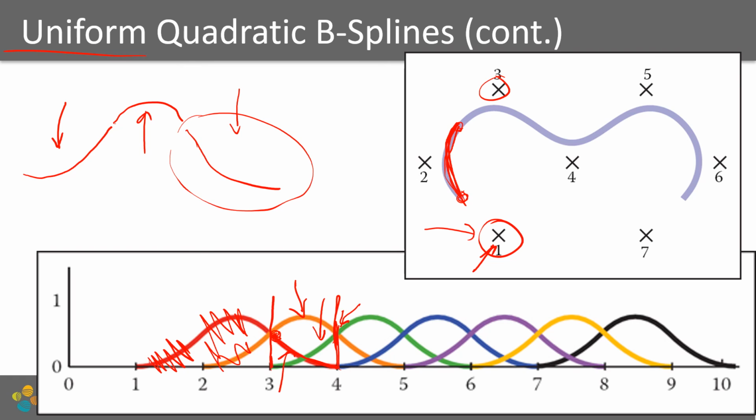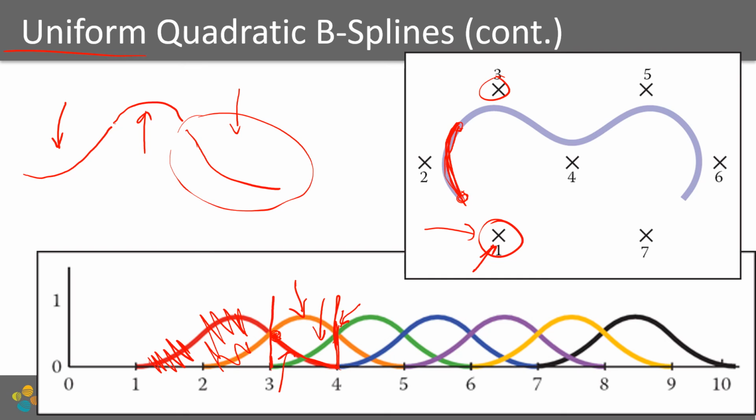So already now you can see that some of the knots are not contributing to the generation of the B-spline, and that depends on the degree of our B-spline. So it is an approximative curve, and it is approximative also in the way that it doesn't start from the beginning point, and it doesn't end in the end point.